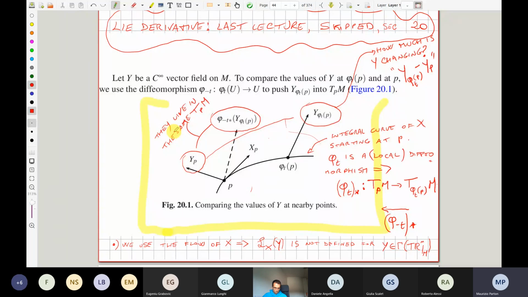Yeah. This is a formula that holds also in this case, but I don't know if you are proposing a notion of derivative of a vector space as equal to another vector space. I mean, only if the tangent vector has constant length, I would say length equal to 1, maybe.